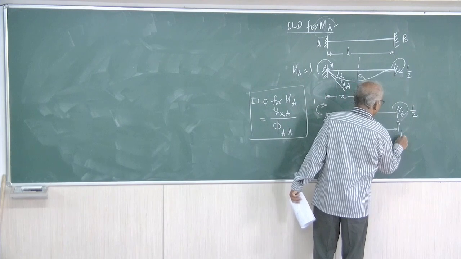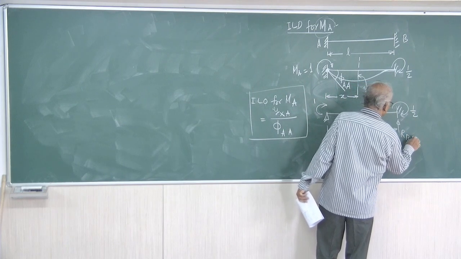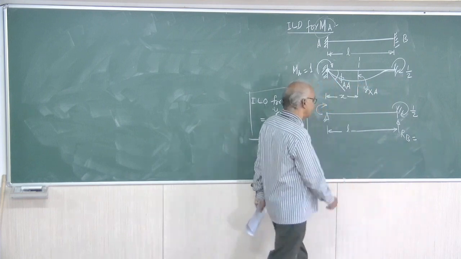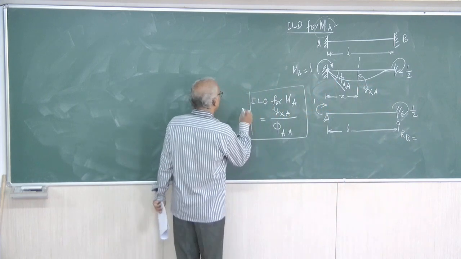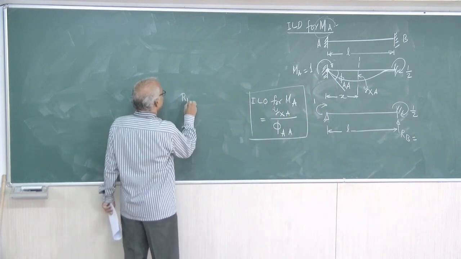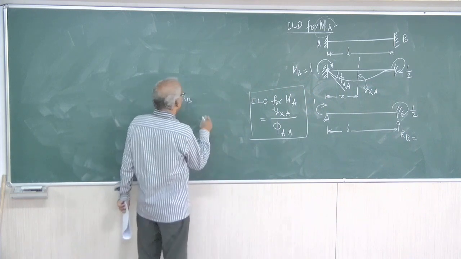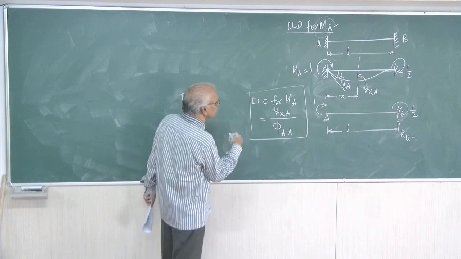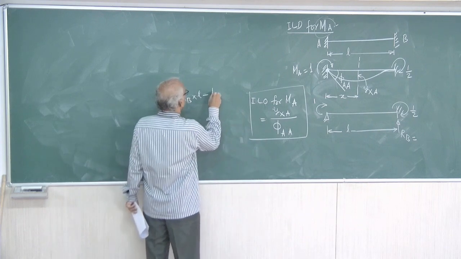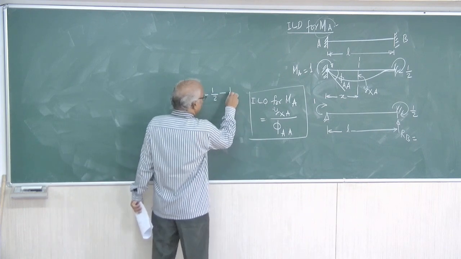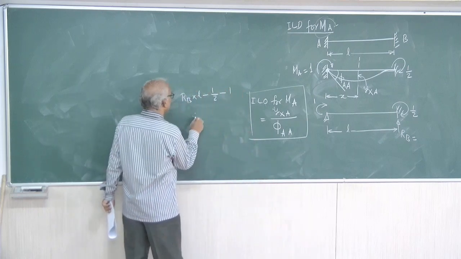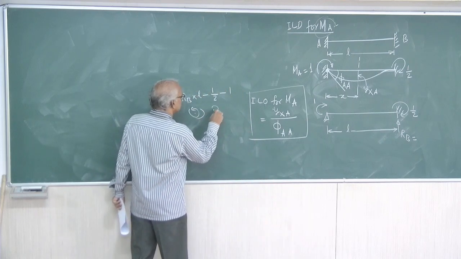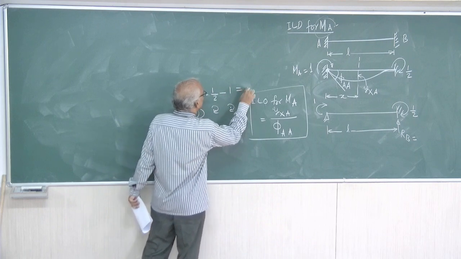Of course, that can be assumed in any direction. If it is wrong, you can change the direction always. When you take moment about A, RB into L is anticlockwise, minus 1 by 2, minus 1, because this is clockwise and this is also clockwise, equal to 0.